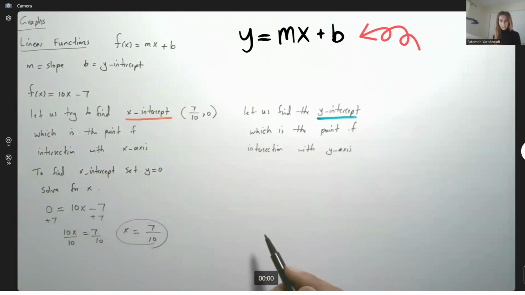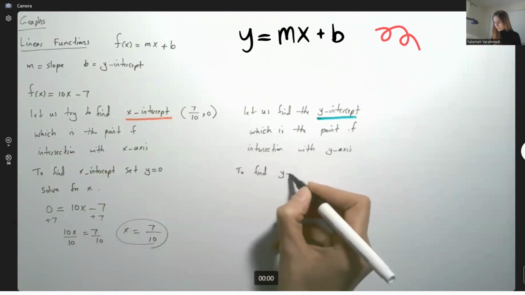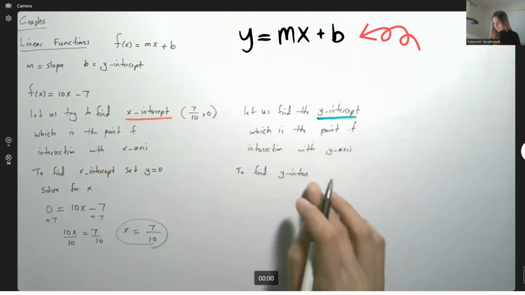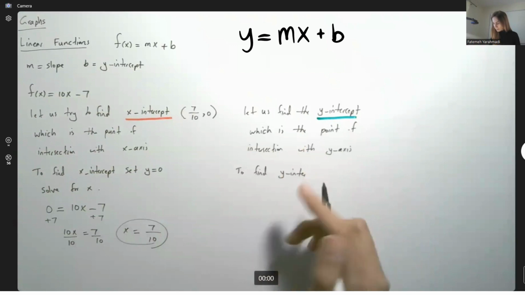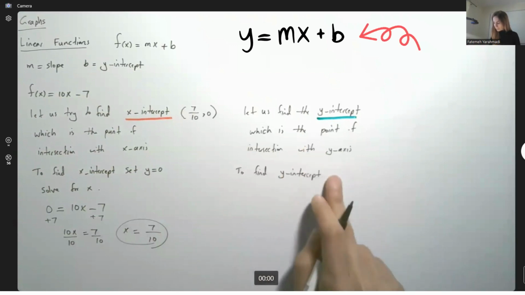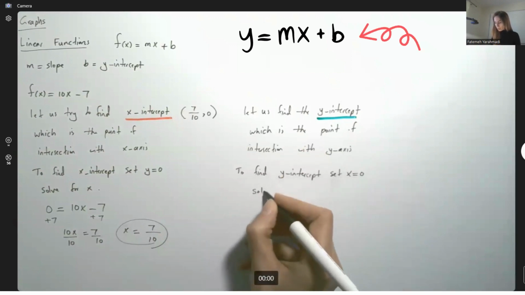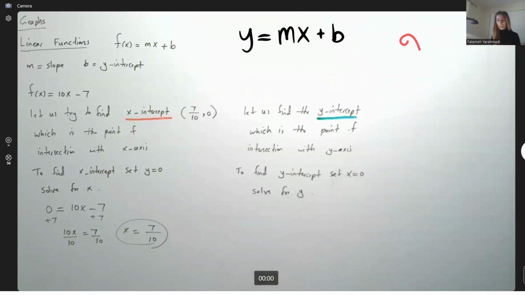How do I find the y-intercept? To find the y-intercept, we set x equal to 0 and solve for y.